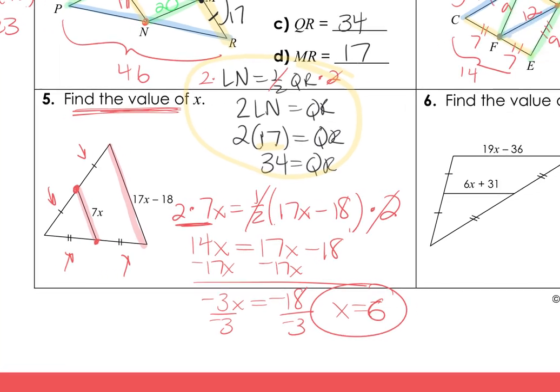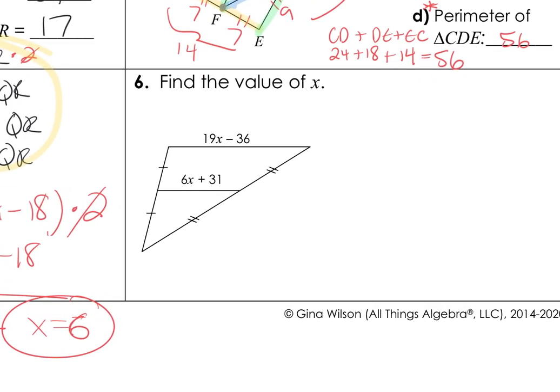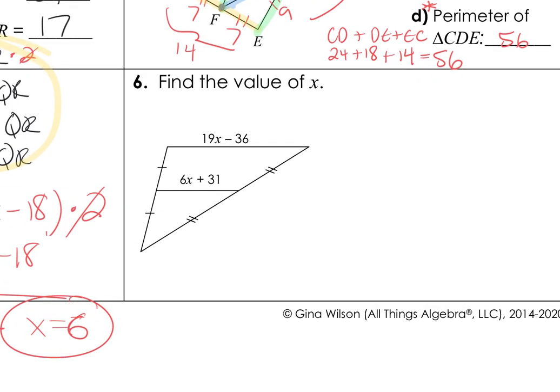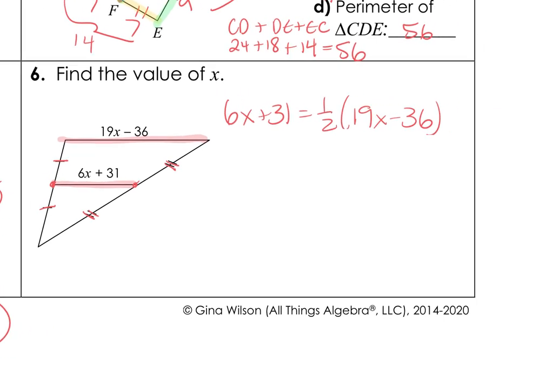We'll take a look at number 6, same thing. So once again, it's giving me the midsegment. I know that it's parallel to that third side of the triangle. I see my congruent marks. That's how I know it's a midsegment. So my equation, midsegment equals half of that third side of the triangle, or the side it's parallel to.